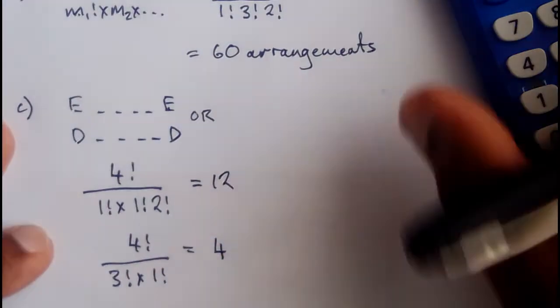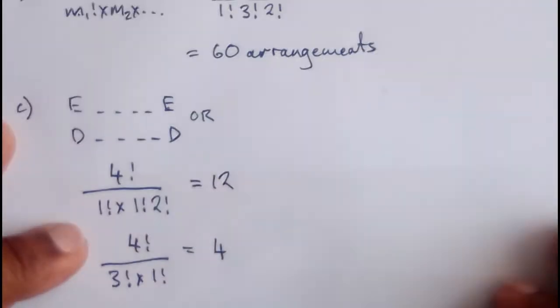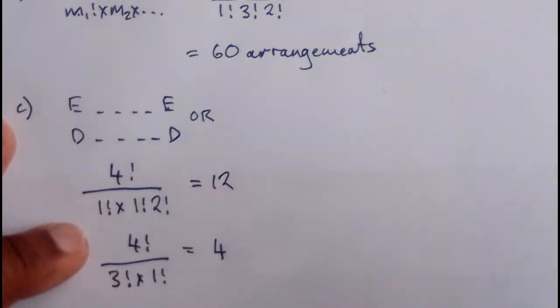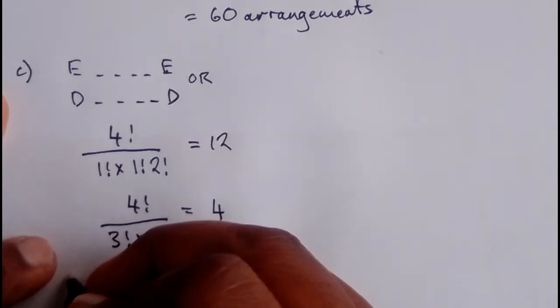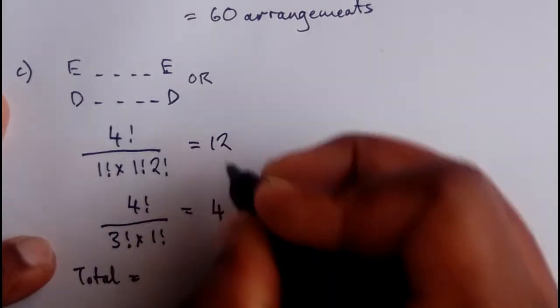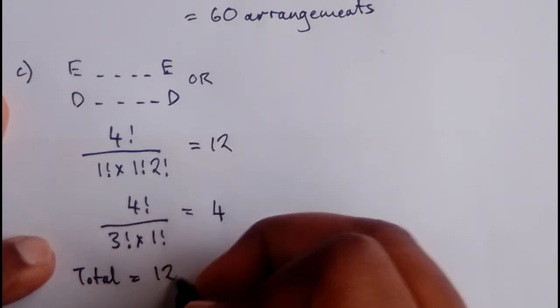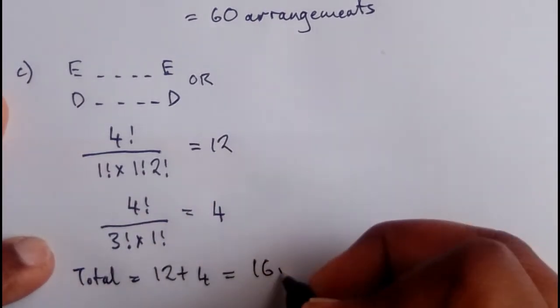Don't mind the skewness of the page. As long as you can see what I'm doing, that's what's most important. So now the final answer: it's this or that, and this is mutually exclusive, so we can just add. The total is that 12 plus that 4, and this is 16 different ways.